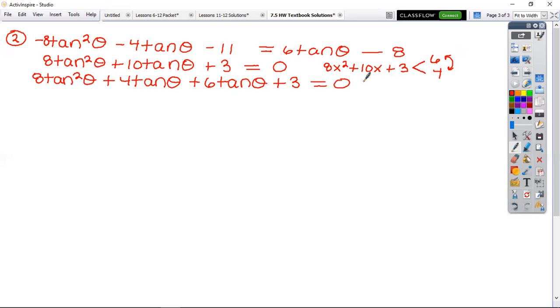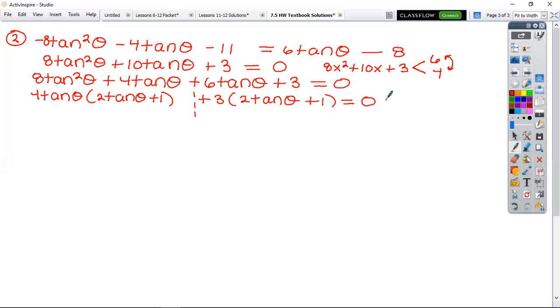All right, so you're going to group it right down the middle. So I'm going to take out a 4 tan θ, leaving me with 2 tan θ plus 1. Other side, I can take out a 3, leaving me with 2 tan θ plus 1 equals 0. And then you're going to set up your cases like you did yesterday.